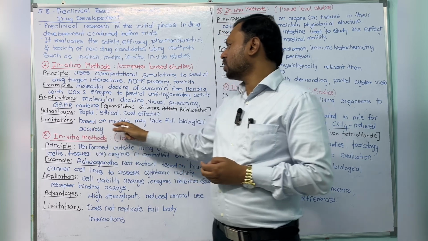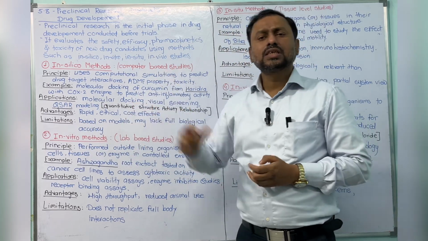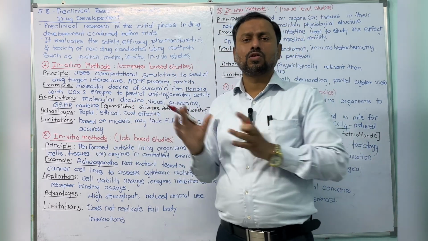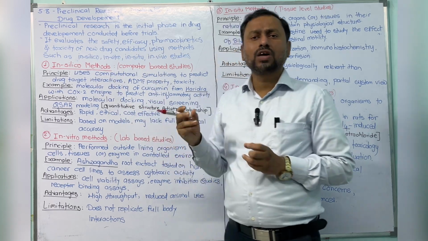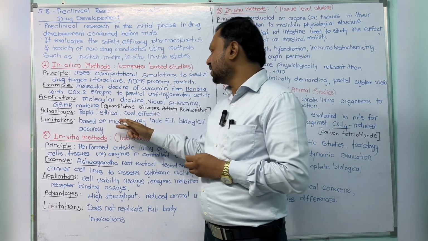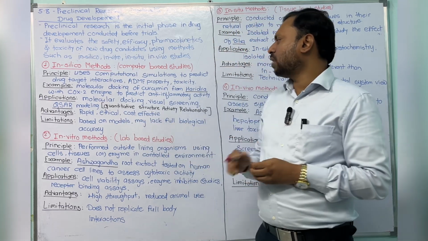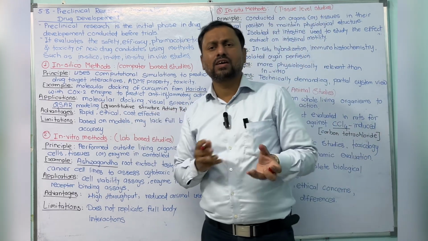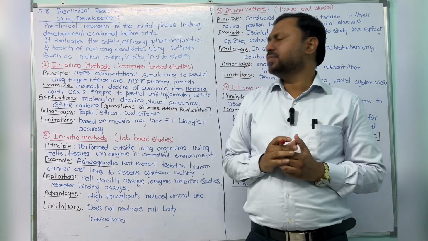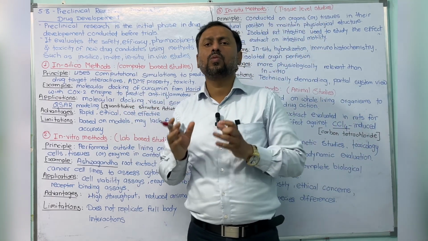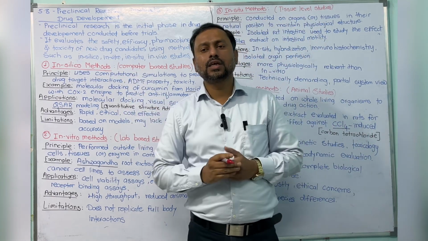The limitation is that it is based on models, because we are analyzing only based on models and not using any living organism at all. That's why it may lack full biological accuracy. It may not be as accurate as other trials. These are the limitations of the in silico method. This is about the in silico method.